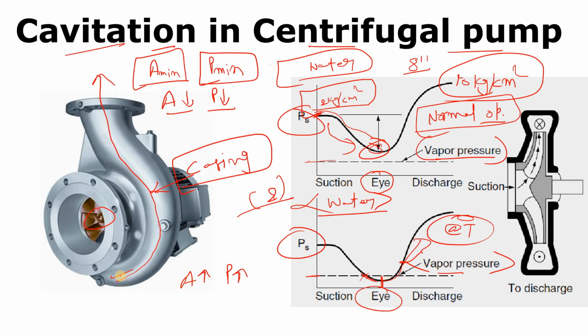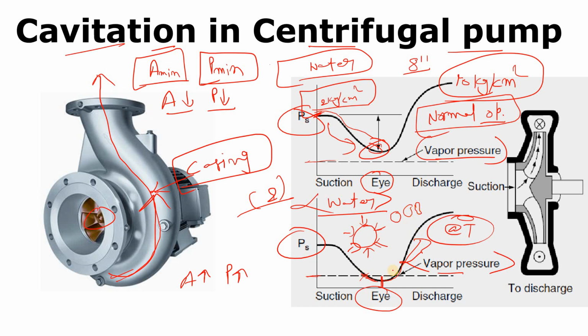Why is it increasing? Because of the casing. Your pump is running, your impeller will provide the kinetic energy, and that kinetic energy will be converted into pressure energy with the help of the casing. So your bubbles form because of the boiling. Now as the pressure increases, the pressure will be applied on the bubble from everywhere, so the bubble size will be reduced, and after some time that bubble will burst, or simply you can say implode.